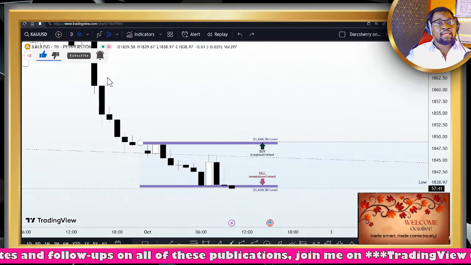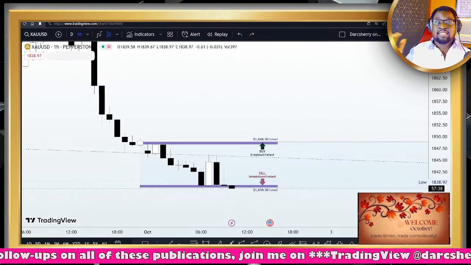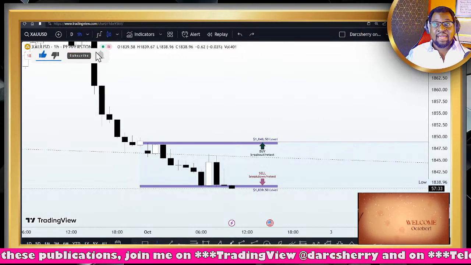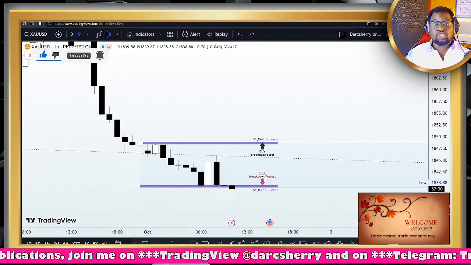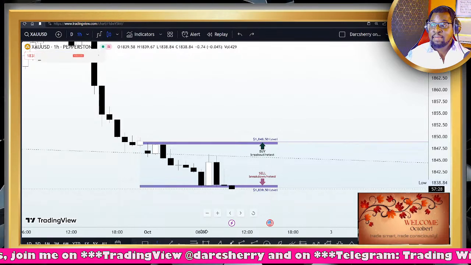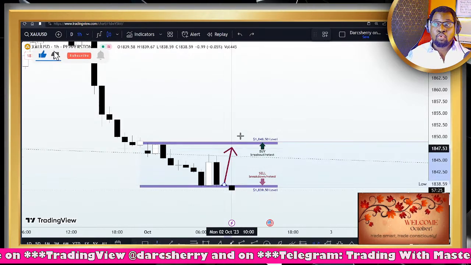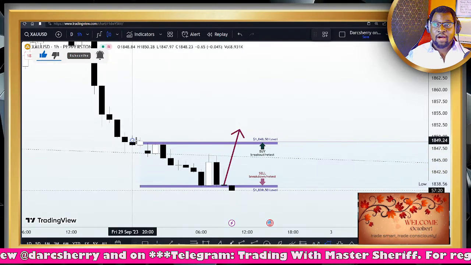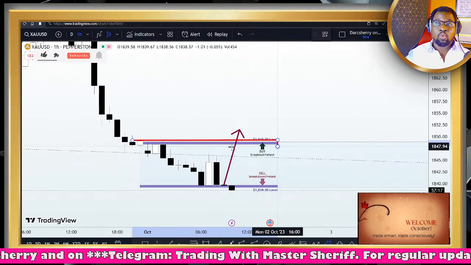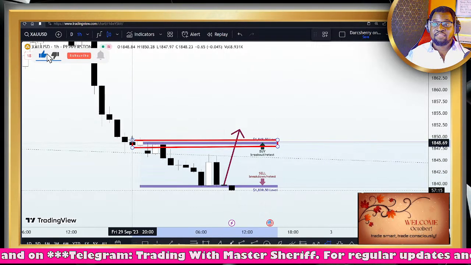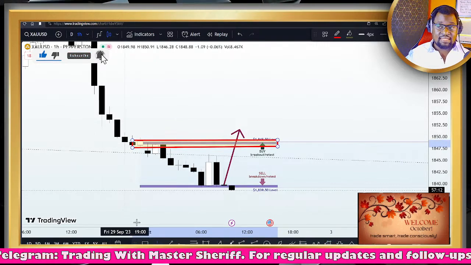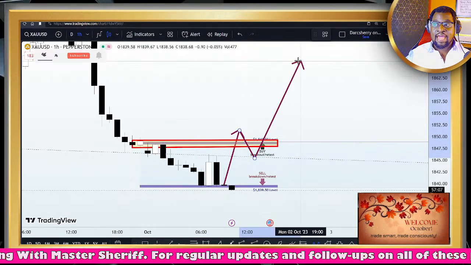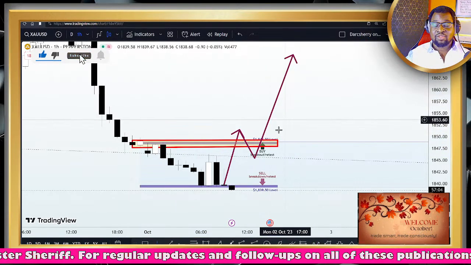Now, should it happen that sellers were taken out of those positions and buyers begin to resurface in this market, the only condition that will make us consider buying at this point in time is for price to climb back above that support line of that descending channel, breaking out the resistance line of this range at the $1,848.50 level for us to start considering buying this asset. So we will need a breakout of structure, retest for any reversal setup to mature at this point in time.